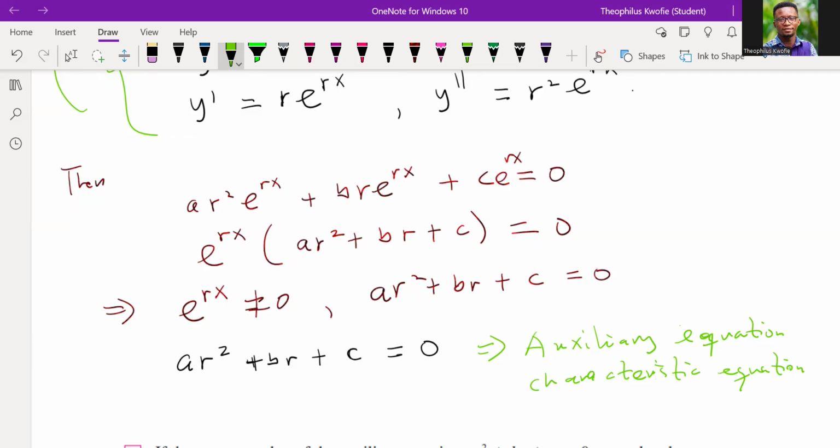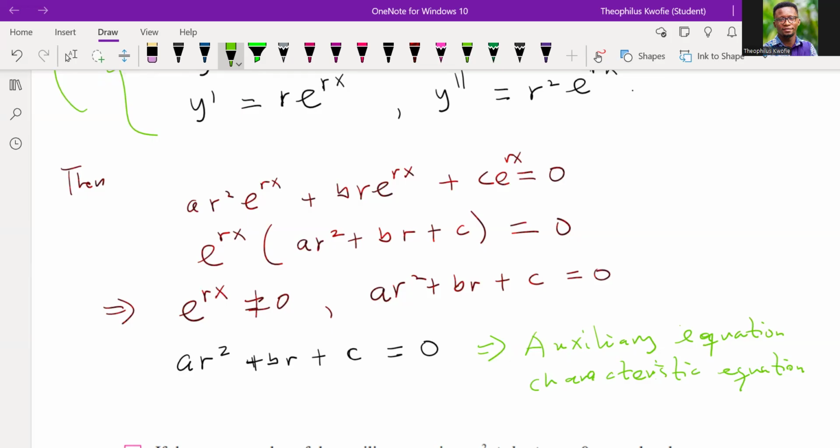Sometimes the roots, r1 and r2, of the auxiliary equation can be obtained by factorizing. In other cases, they are found by using the quadratic formula, which we are familiar with.